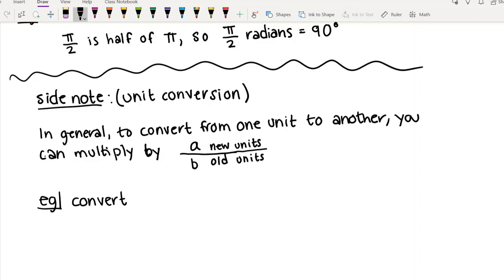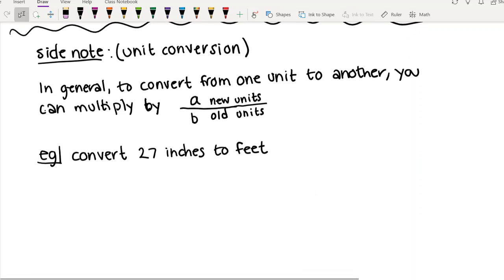So for example, let's say that you wanted to convert 27 inches to feet. The way you could do this is you take the number 27, and we have 27 inches. And we're going to multiply that by a fraction where we put feet in the numerator and inches in the denominator, because that will allow us to cancel out our unit of inches.